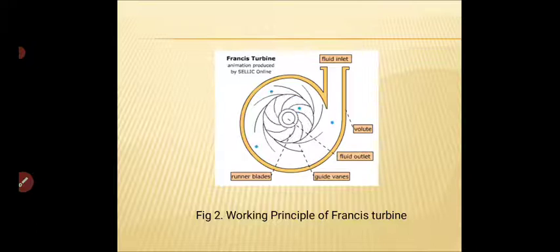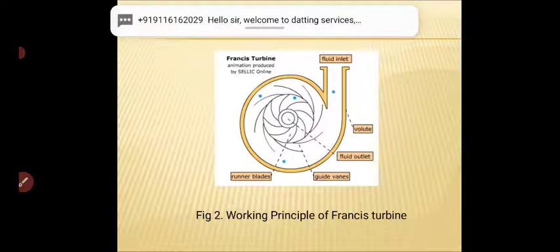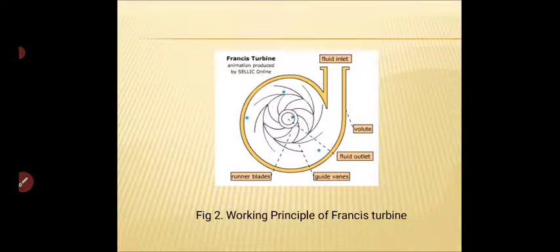The fluid enters the scroll casing around the circumference of the runner, and the scroll casing has a decreasing cross-sectional area. Here, the pressure energy of the liquid is converted into kinetic energy. Some of the pressure energy is converted into kinetic energy, and the remaining pressure energy is converted into kinetic energy on the guide vanes.